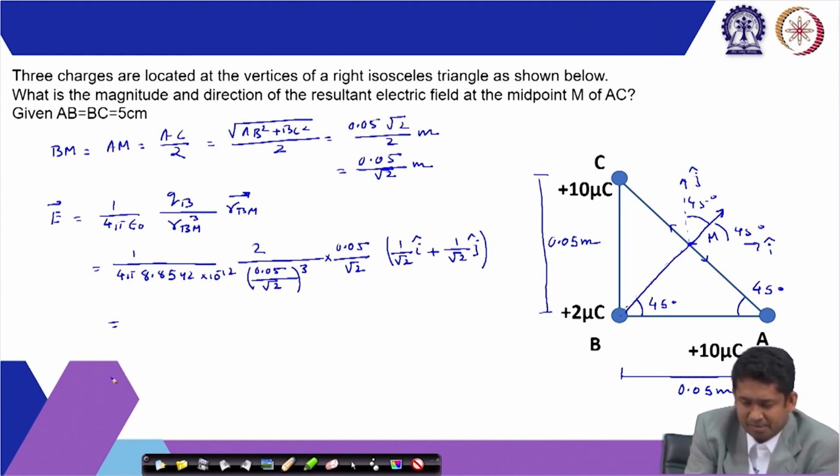Now, we can simplify this entire expression and find out our electric field as a vector.